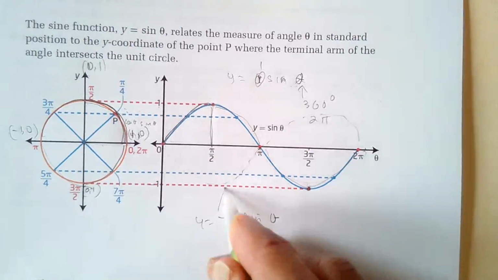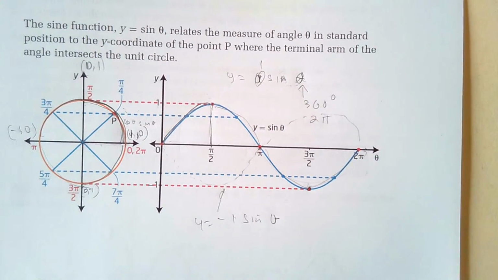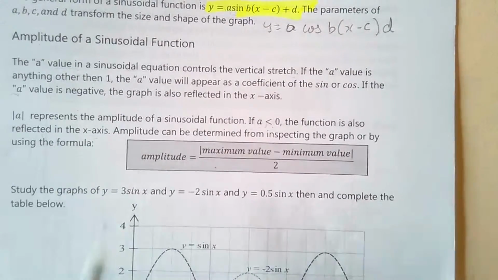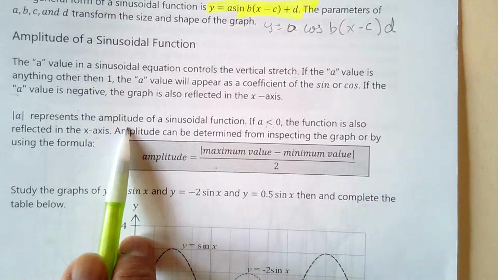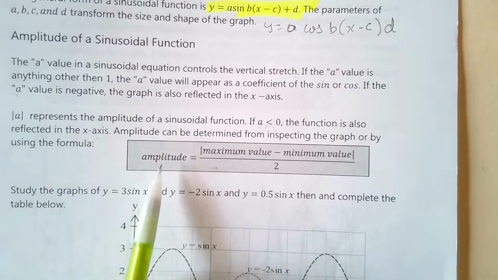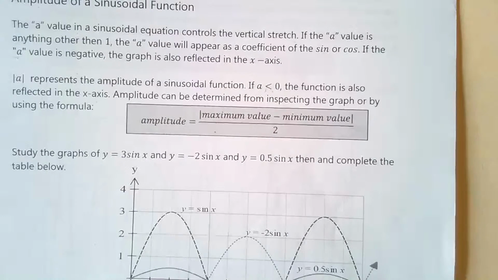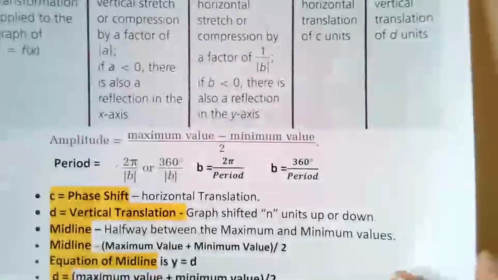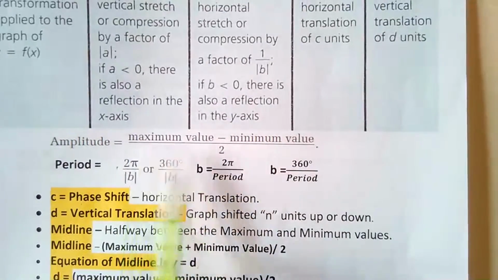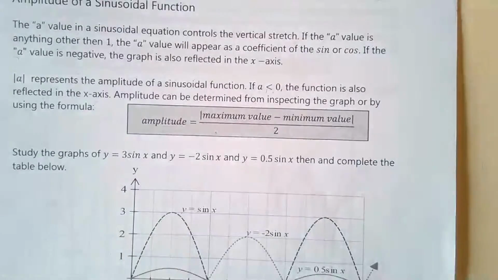So this will be your negative graph. y equals negative sine x. Now, the a represents the amplitude of a sinusoidal function, and this is the formula for amplitude. I alluded to it earlier. We said that the amplitude is the maximum minus the minimum divided by 2.